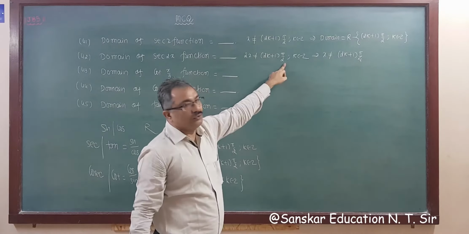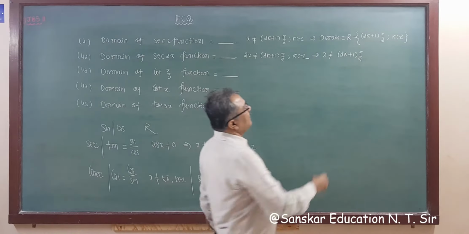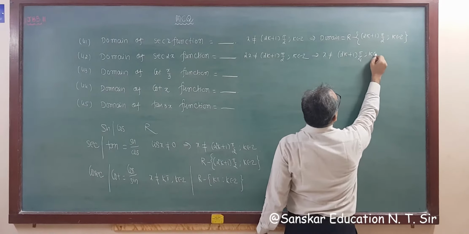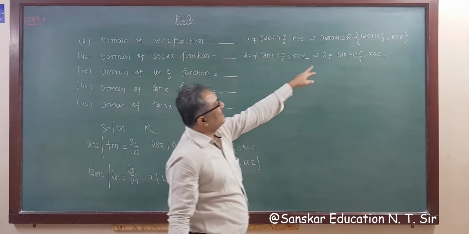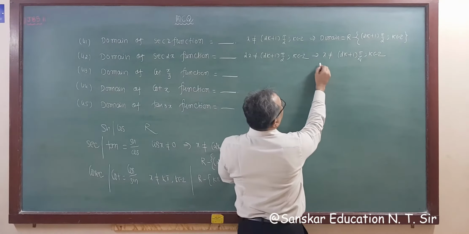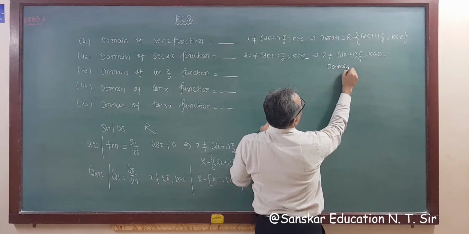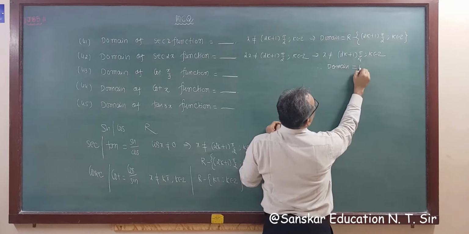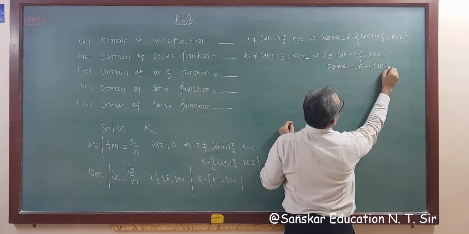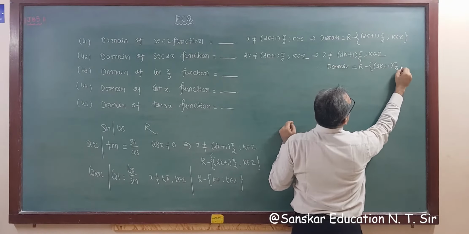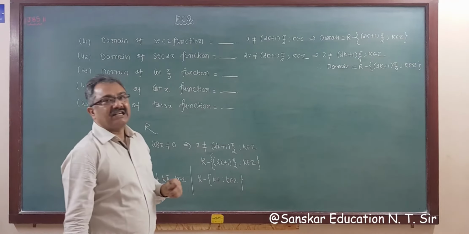If we divide by 2, then this is π/4, because this is in multiplication, right? And k belongs to Z. So domain of sec 2x is this. Either you can write domain is equal to R minus (2k+1)π/4, k belongs to Z. This is the domain of sec 2x function.